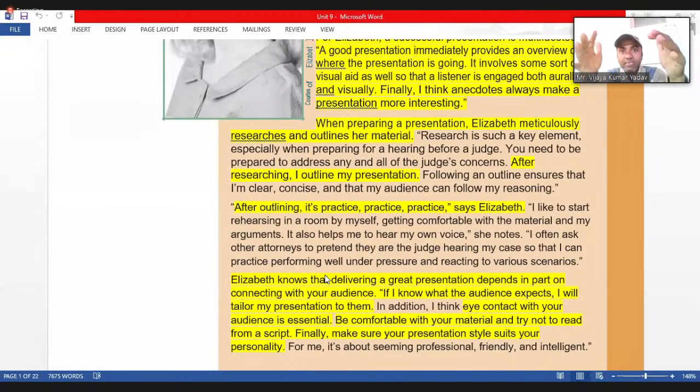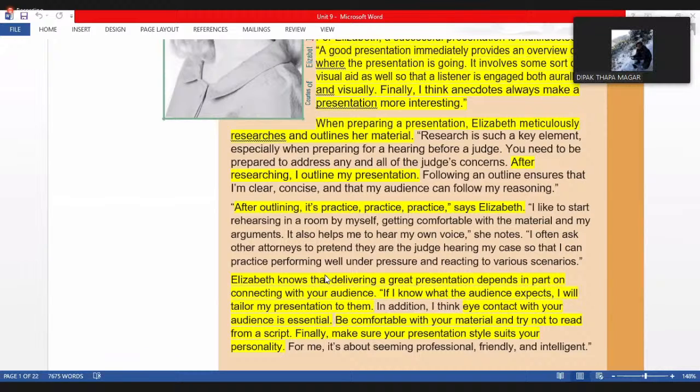If the audiences are attentive, then whatever message you are delivering through your presentation will easily be received by them, and then you will become a successful presenter. Is it clear? Is this much clear to you?